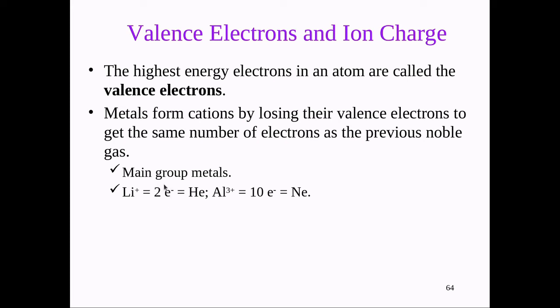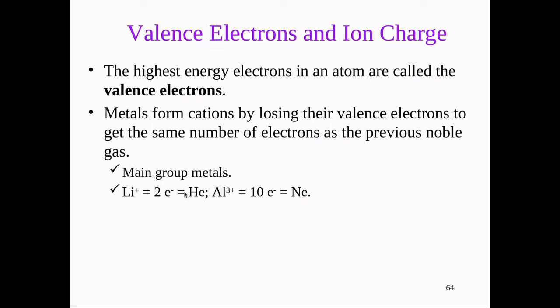After that, it's going to have 2 electrons, which makes it what we would call isoelectronic with helium. So helium as a neutral species has 2 electrons. Similarly, if we look at aluminum here, it's going to lose 3 electrons to have a total of 10 electrons, which is the same number of electrons as neon.